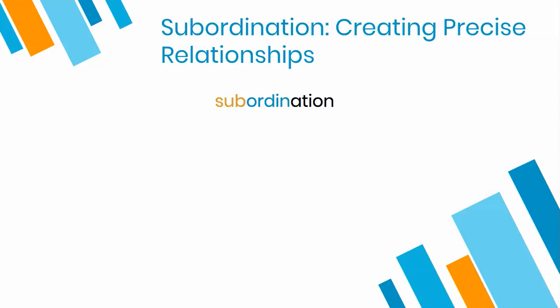So what's the answer? The answer is subordination, or sometimes creating phrases, which we're also going to lump under the idea of subordination. This allows us to create more precise relationships between the elements we're joining into one sentence. Again, let's take a look at the word and how it breaks down into roots. Ordin or ord again means order or rank. The prefix sub, however, means under or below.